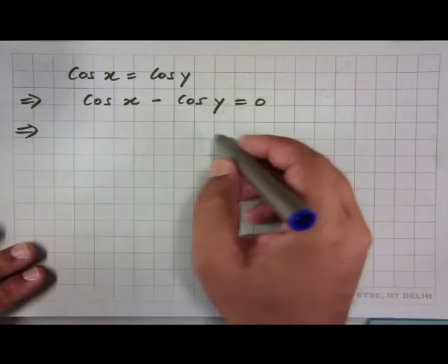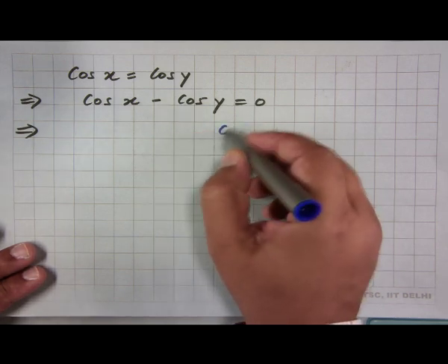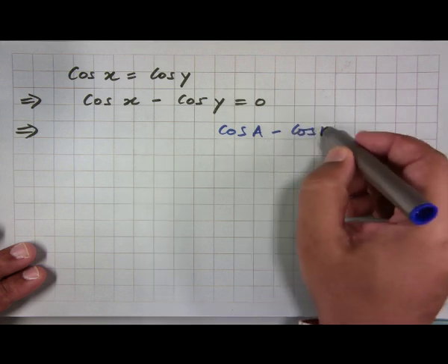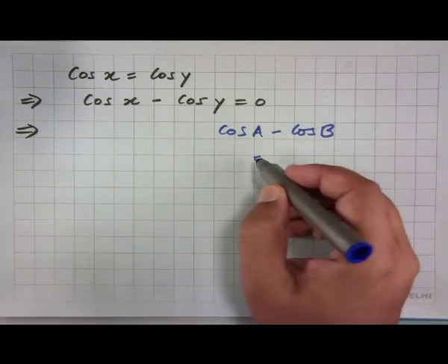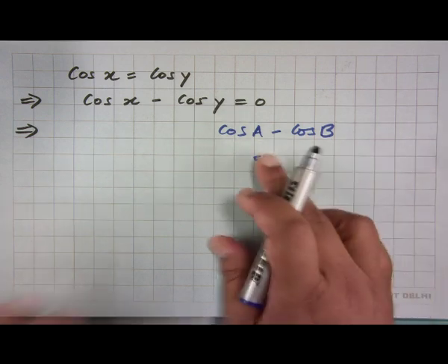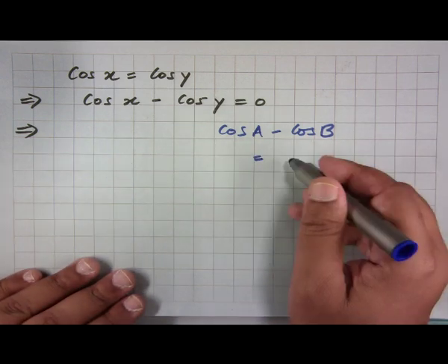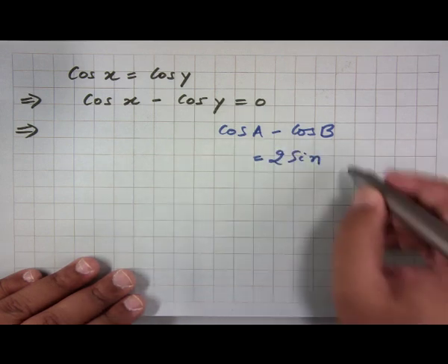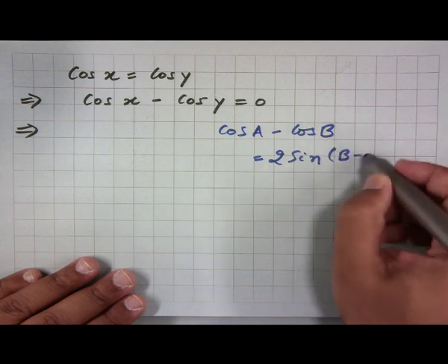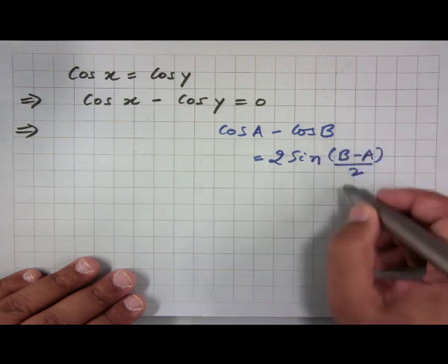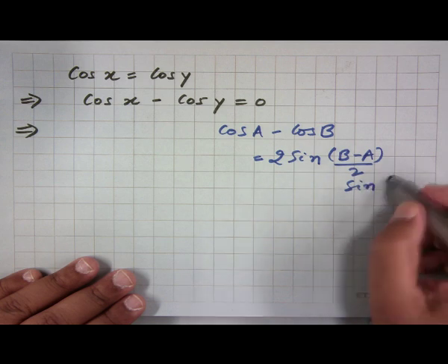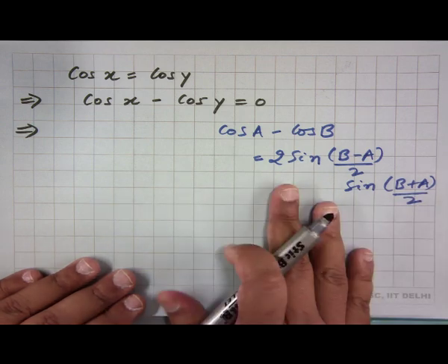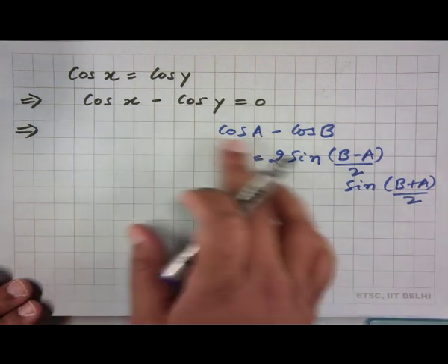So, the formula that we will be using here is cos A minus cos B equals 2 into sine of (B minus A) over 2 into sine of (B plus A) over 2. So, we will use this formula here with A equal to x and B equal to y.